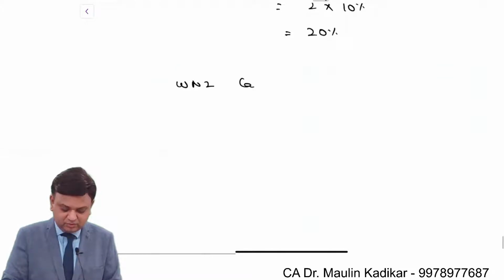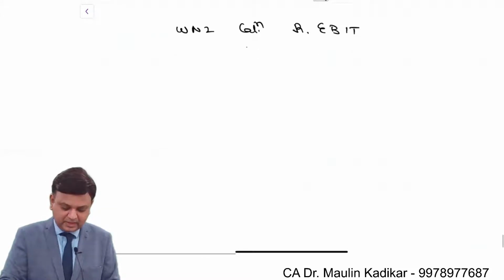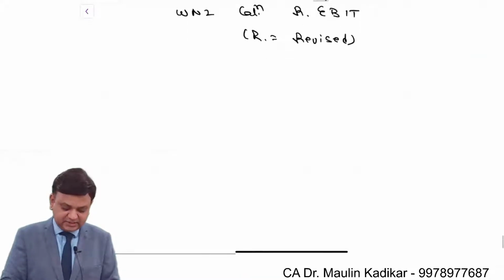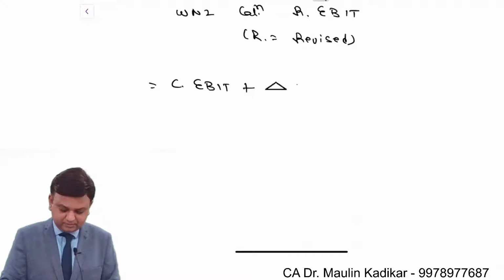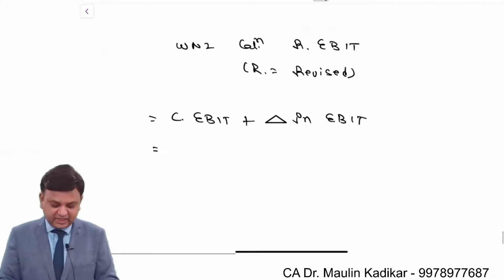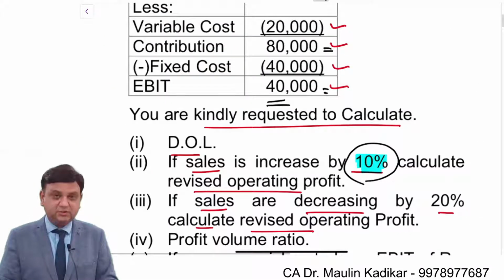Working note number 2, calculation of revised EBIT. R stands for revised. It will be calculated as current operating income plus change in operating income. As far as the current operating income is concerned, it is an amount of 40,000.